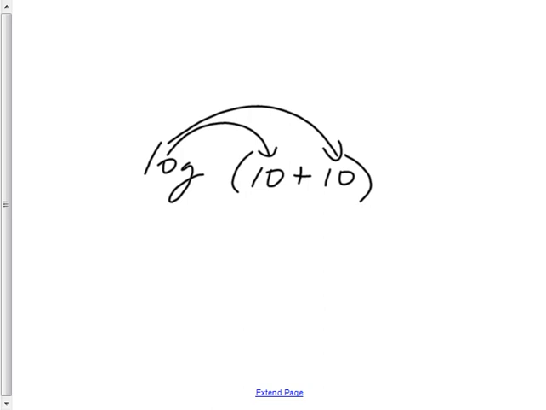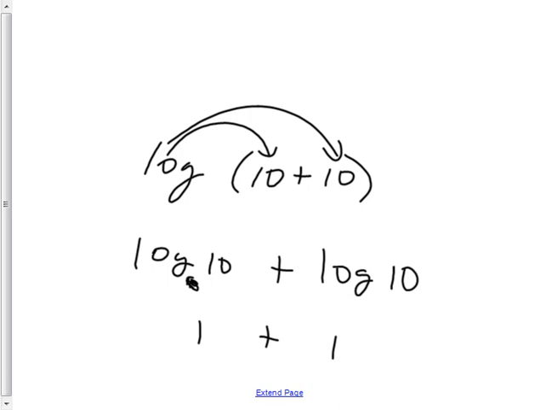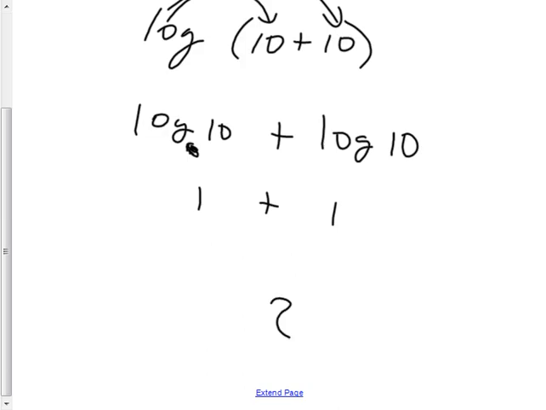But what is log 10? Well, it's like there's a little base 10 there, right? So then what's the answer? 1 plus 1 should be 2.